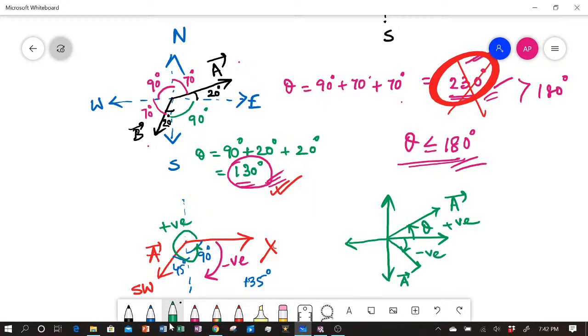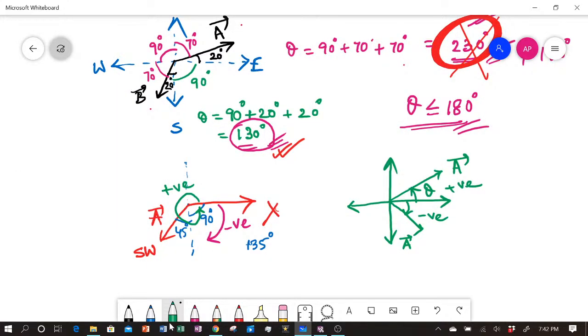Yes. Okay, so if you are asked to find the angle subtended from any specific axis, then you have to take the positive angle, that is, the angle taken in the anti-clockwise direction, because the clockwise angle would give you a negative value.